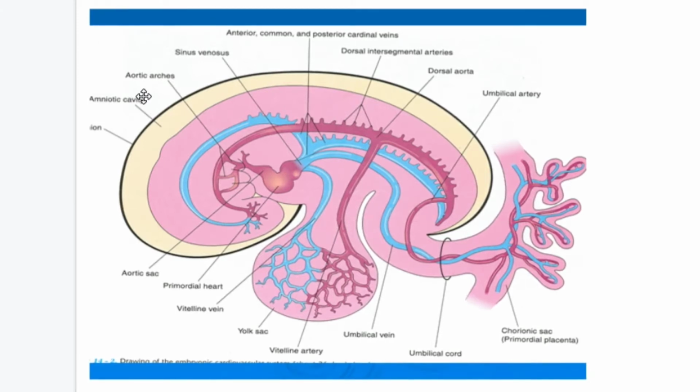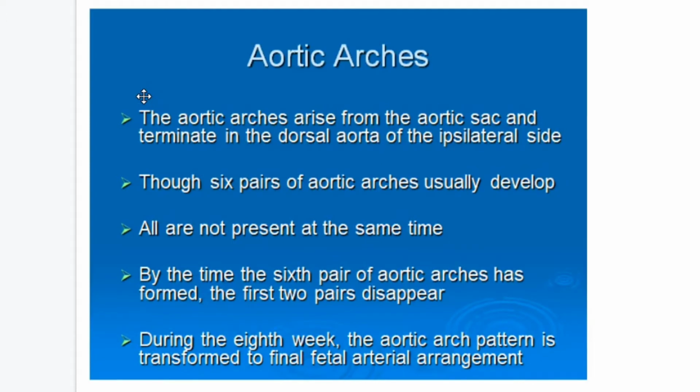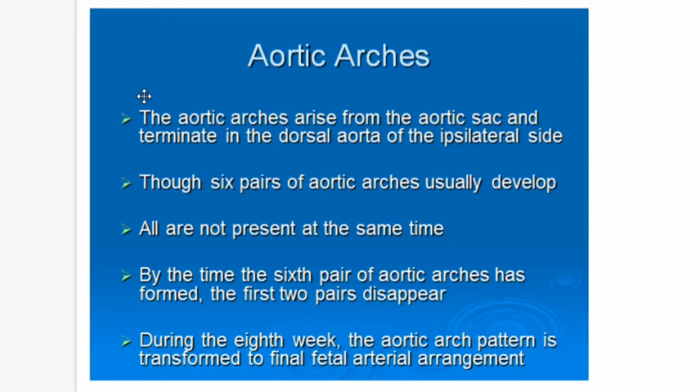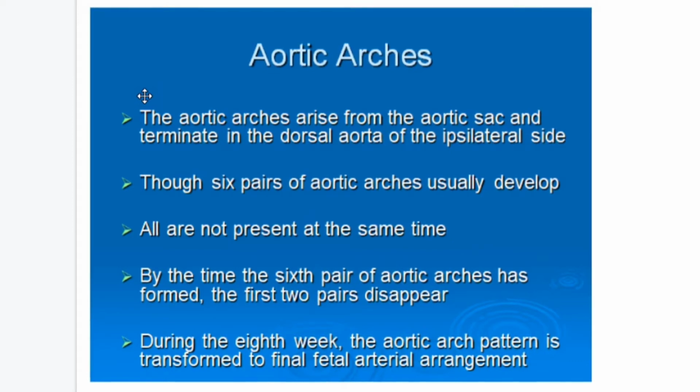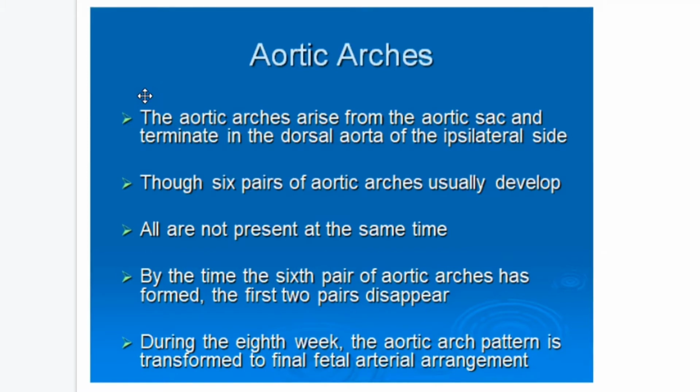Now, coming back to our main topic, that is the aortic arches, they arise from the aortic sac and they terminate in the dorsal aorta of the ipsilateral side. We already said that the aortic sac is the terminal portion of the truncus arteriosus, and these aortic arches arise from there, and there are two dorsal aortae running on either side.